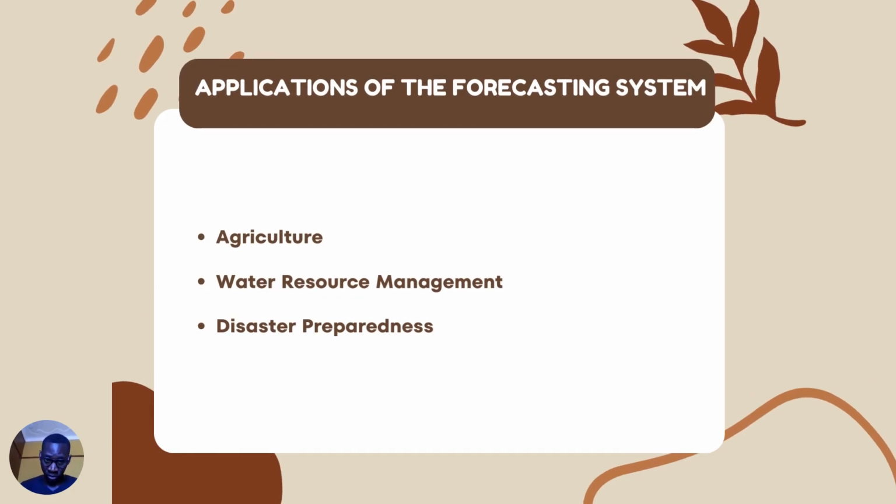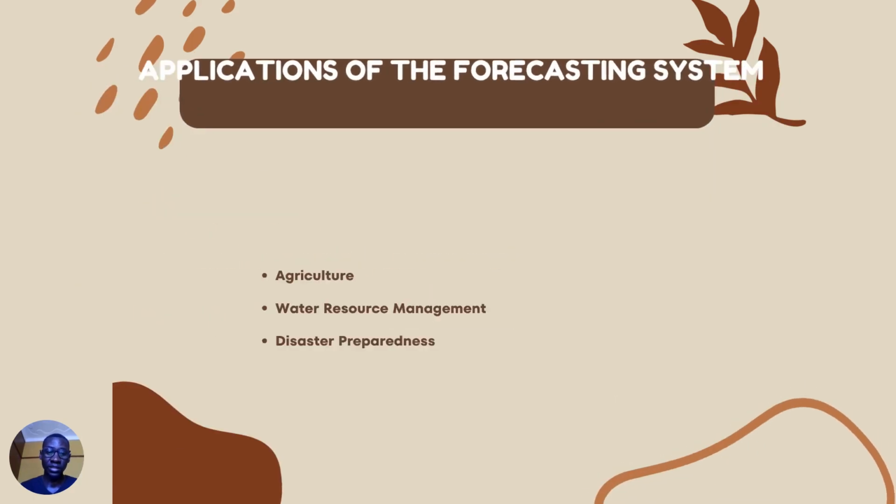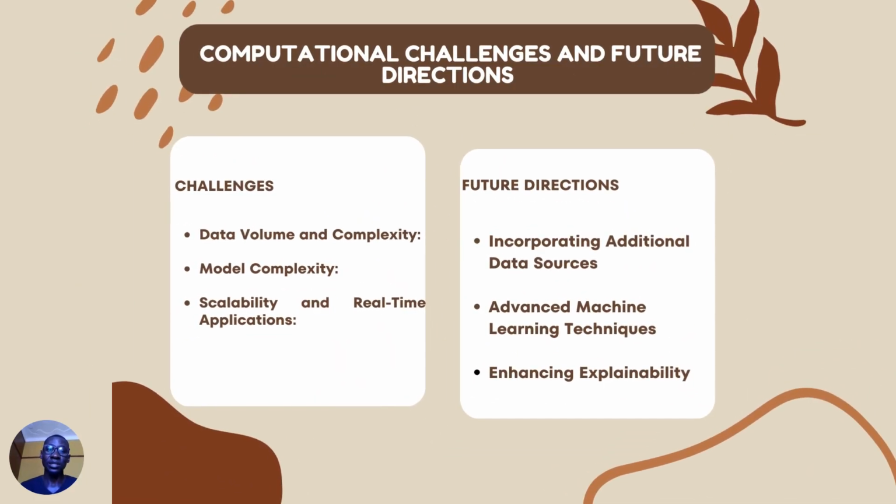So once the model got up and running, they looked at the applications of the system. One, they had agriculture, then water resource management and disaster preparedness. However, they still had challenges while working with the model, and some of the challenges were data volume and complexity, model complexity, then scalability and real-time application.